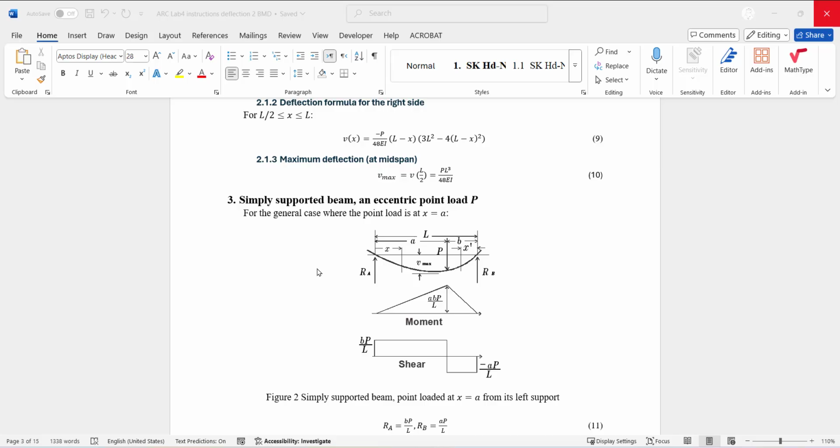And in this experiment, we are not using strains, but we are using deflection. So I will try to give you a very brief overview of what displacement is, and how this can be used to estimate the amount of stress inside the beam, which is the objective of this experiment.